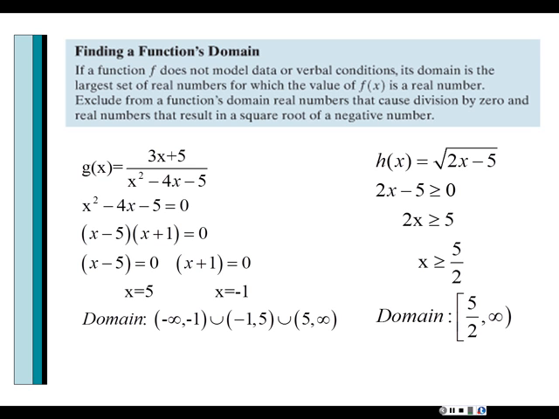Everything can be included except the points which are less than 5 over 2, because those will give us a square root of a negative number. So that's what we were looking for. Whenever we see some equation, we do some math like this, and then we try to find the domain set of that.